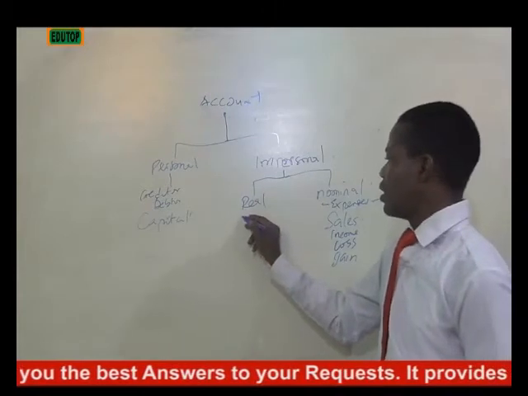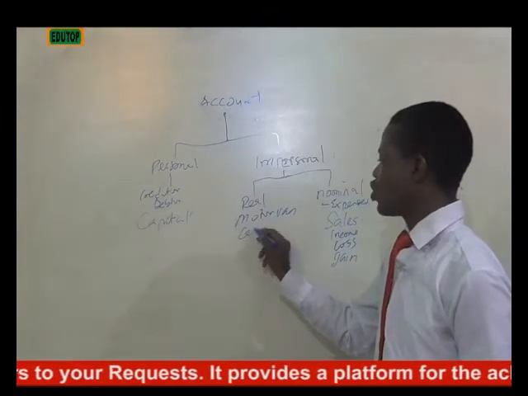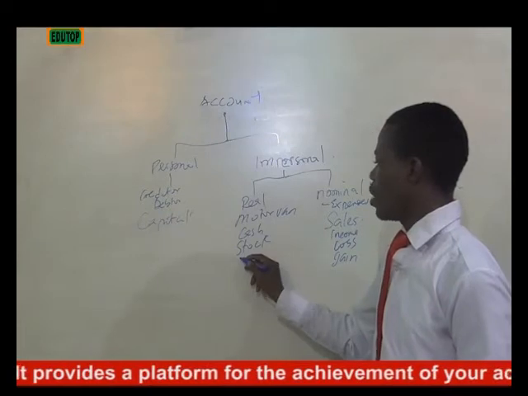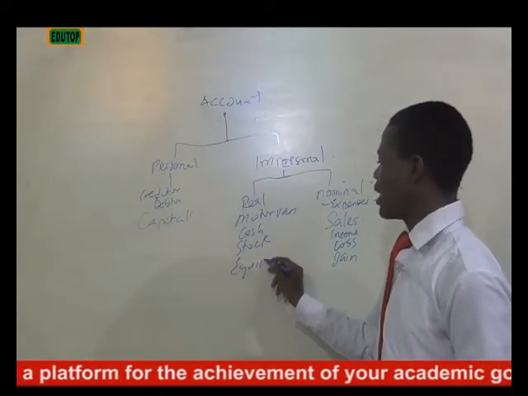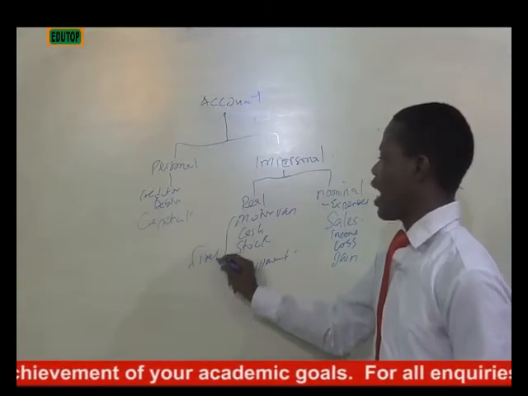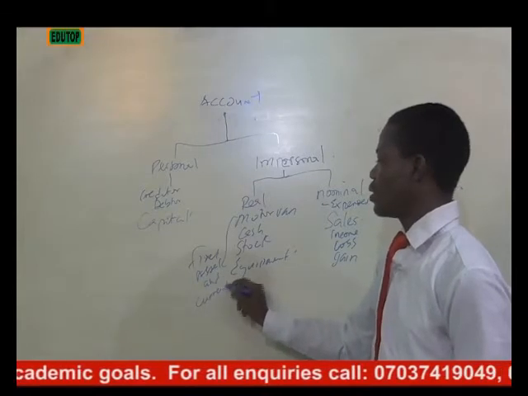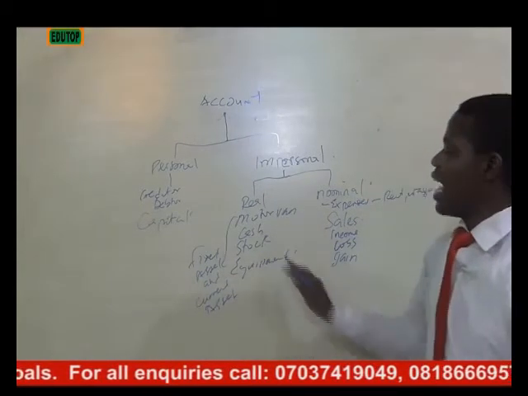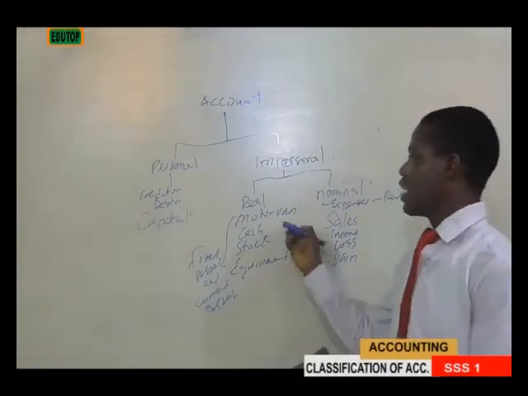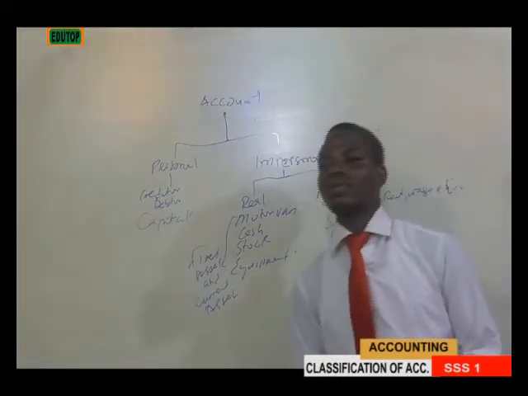We have a motor van, cash, stock, equipment and the like. All those are what we call fixed assets and current assets. So any items that fall under real account, like motor van, are called impersonal accounts.